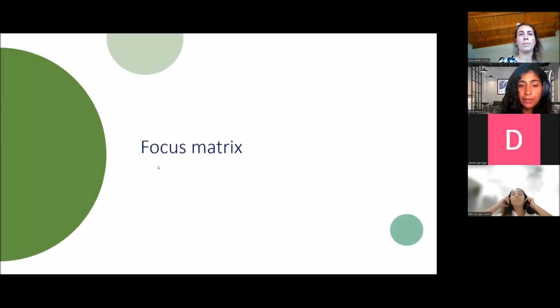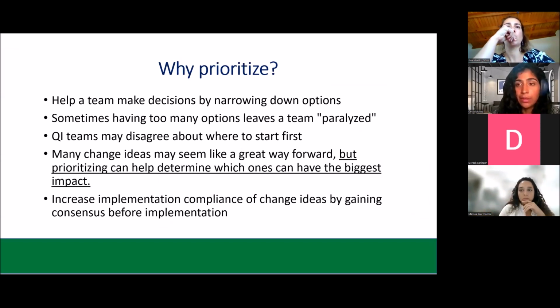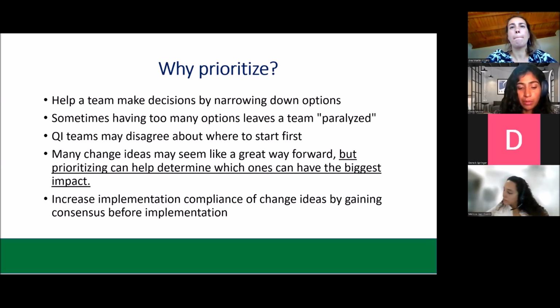Y la siguiente etapa que les mencionaba es la matriz de enfoque, que es la que nos ayuda a priorizar. De todas estas ideas que el equipo ha tenido, que nos ha dicho que pueden dar respuesta a nuestro problema y nos van a ayudar a alcanzar nuestro objetivo, ¿cómo podemos priorizar?